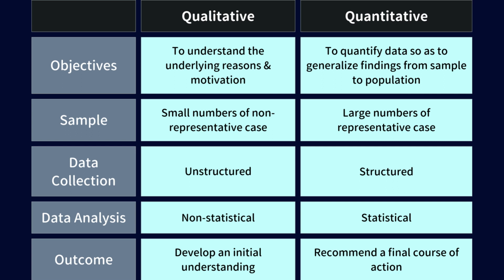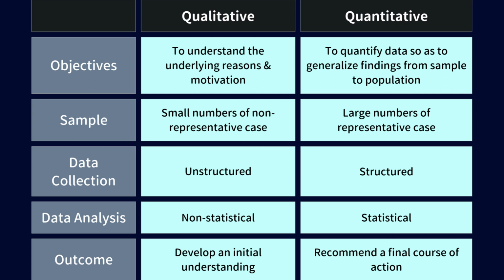But for quantitative, they prefer to quantify data so that they can generalize findings from sample to the population. In terms of the sample, qualitative researchers are okay with small numbers of non-representative cases. But for quantitative, this is compulsory. They must have a large number of representative cases.